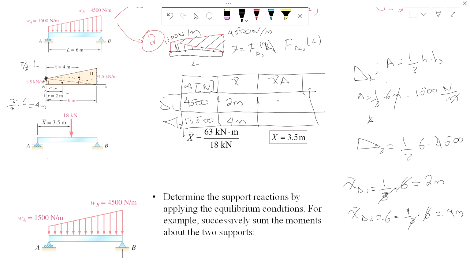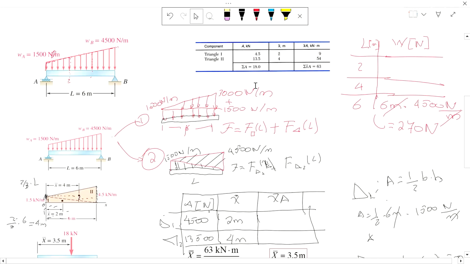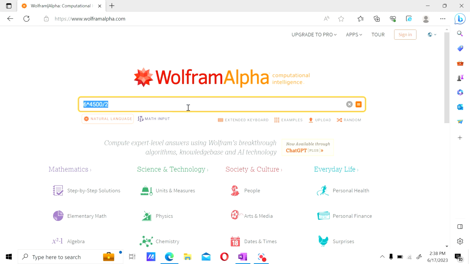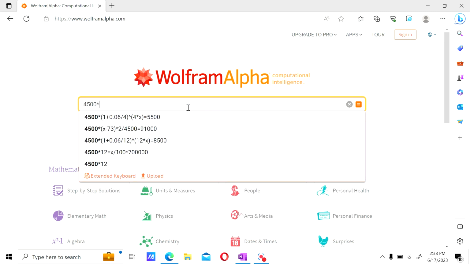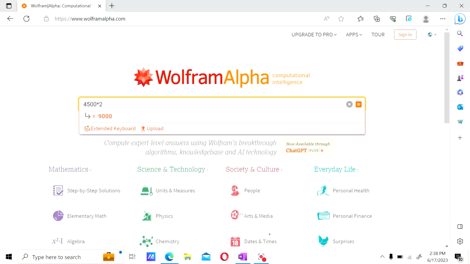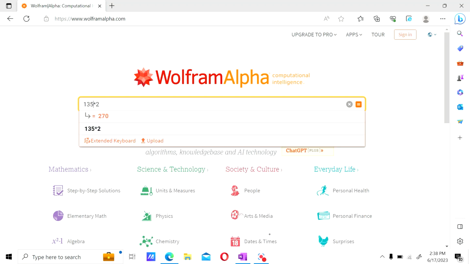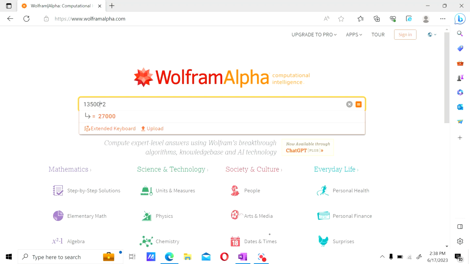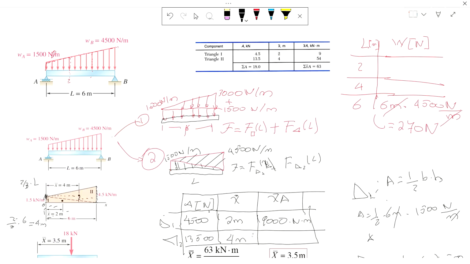All right, so what we have to do now is do 4,500 times 2, which we have up here. 4,500 times 2 is 9,000, and that is newtons per meter, and this is 13,500 times 2, 27. 1, 2, 3 newtons per meter.